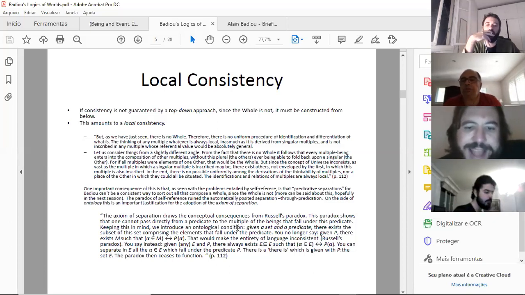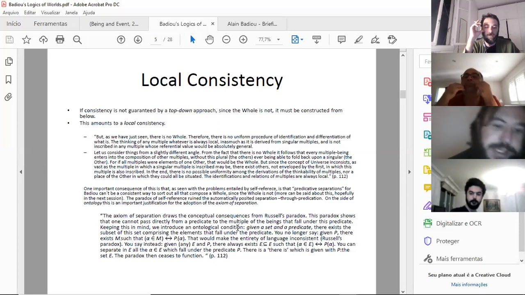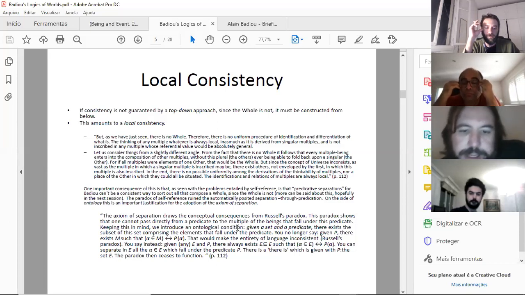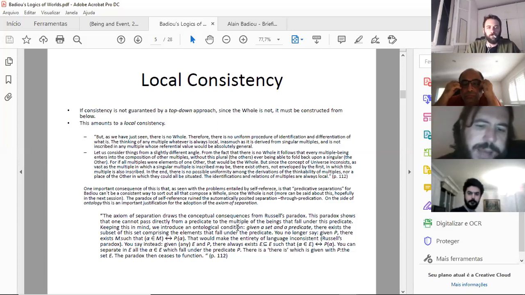That will make the entirety of language inconsistent, Russell's paradox. You say instead, given any E and P, there always exists an E' that is included in E such that every element of E' has the predicate, right? Am I translating right?